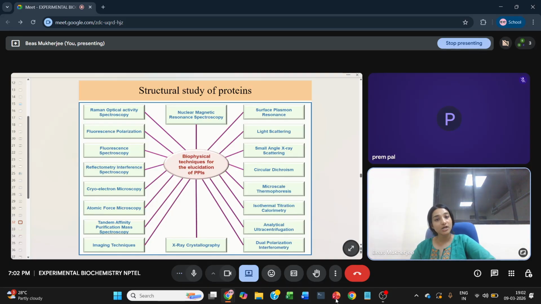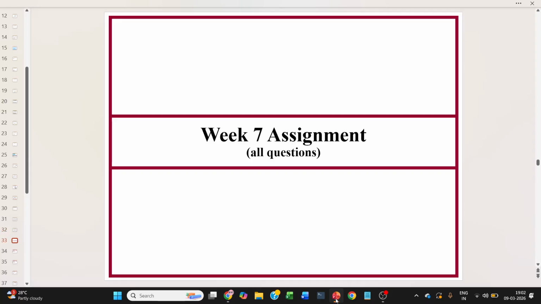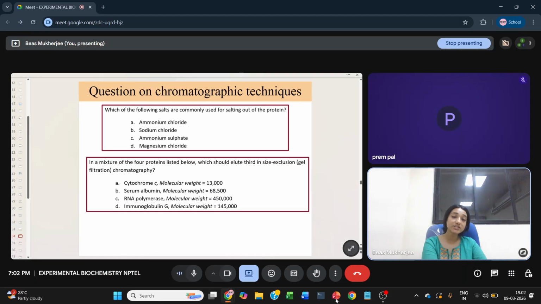This is taken from, I think, a review paper or a book chapter, and I think the link is provided at the reference slide, so you can go back and read about this. All of these different biophysical techniques are given in one place. For your exams, remember, biophysical techniques are the hot spots for questions. A lot of questions will be asked from here, so master all of these different techniques, different strategies very well.